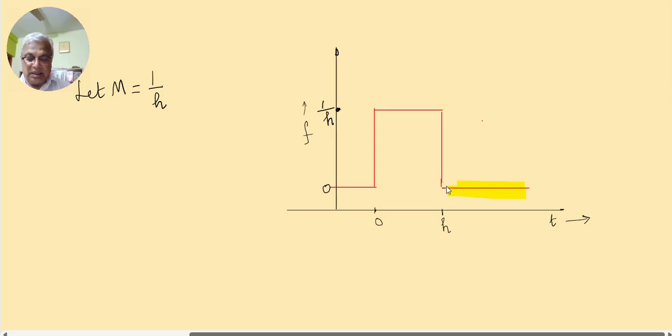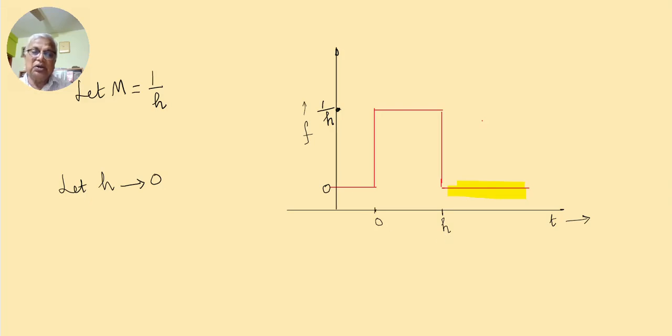Then if you imagine the limit h tending to 0, what will you get? We will get a function. If h tends to 0, this height becomes infinite.